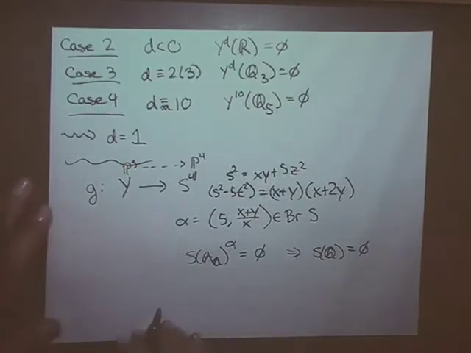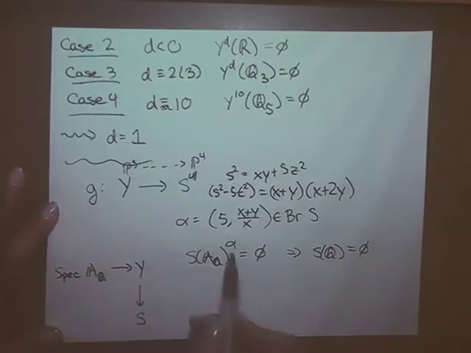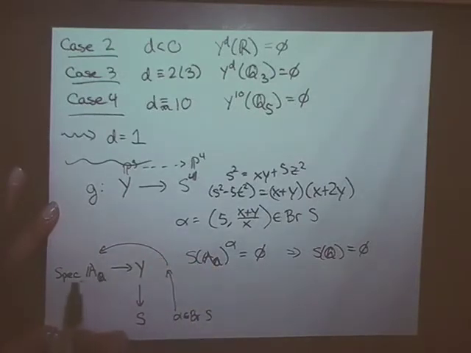Well, so let's remember what happens with the Brauer-Manin obstruction. What are we doing? We're taking an adelic point, and we're pulling back the Brauer class here. But if I take this Brauer class on S, I can pull it back to Y, and then pull it back to this point. But that's the same as if I just considered this adelic point as an adelic point on S and pulled it back this way.